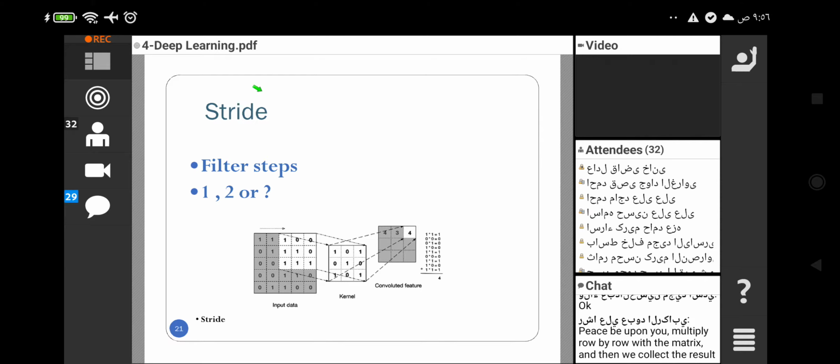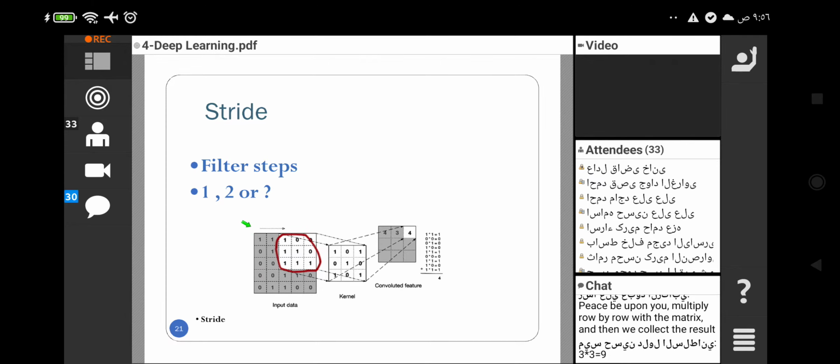For example, this is the input, and this is the kernel. In this kernel we have 9 numbers, and here in this input we have 9 numbers.